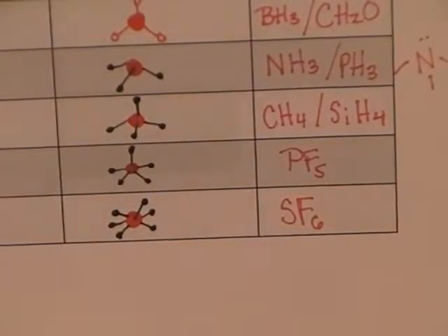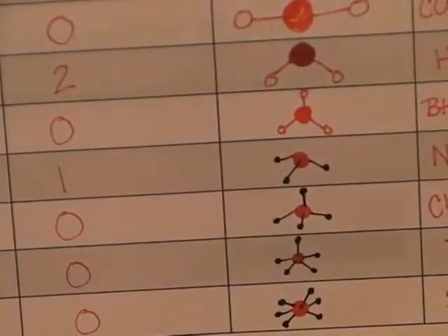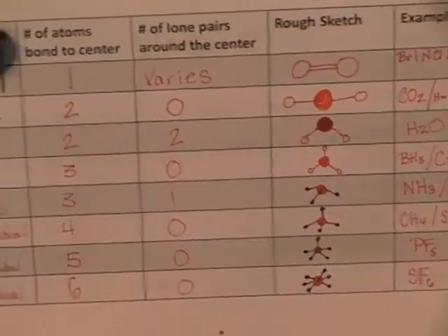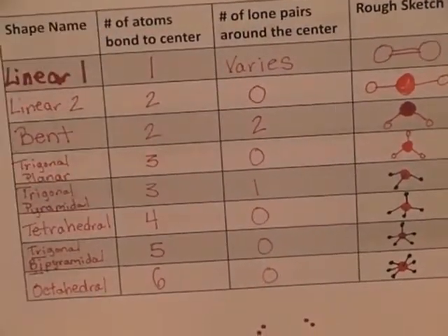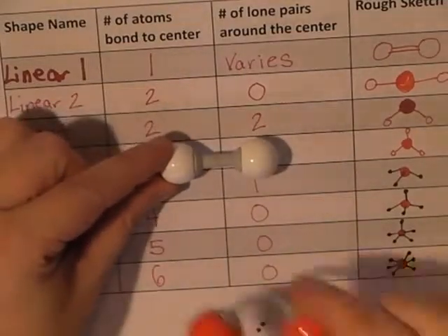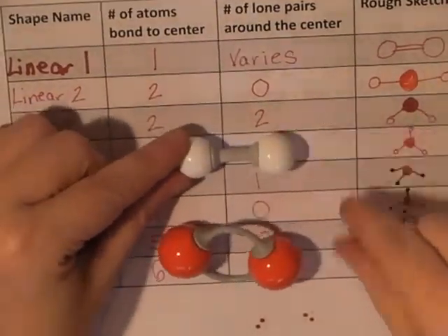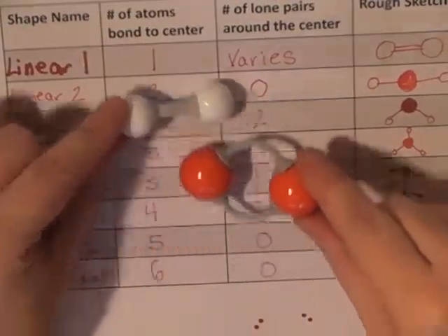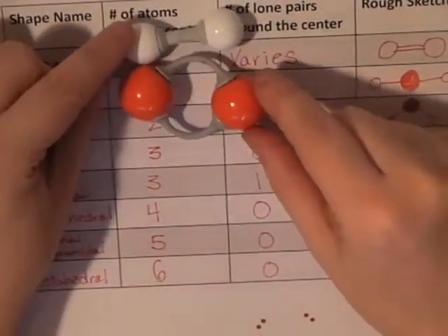Okay, so you've got your whole chart filled out. At this point, we can go ahead and look back at some of these shapes to compare them if you want to. So remember, we had linear 1, where it's just 2 bonded to one another, either with a double bond or a single bond, like that. I'm going to try to leave these all on here.